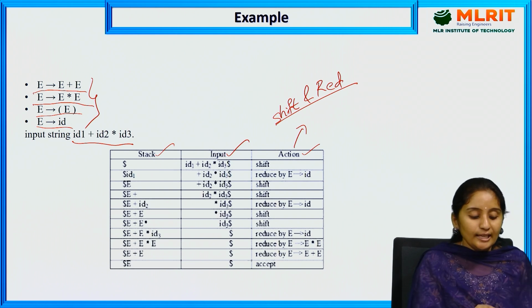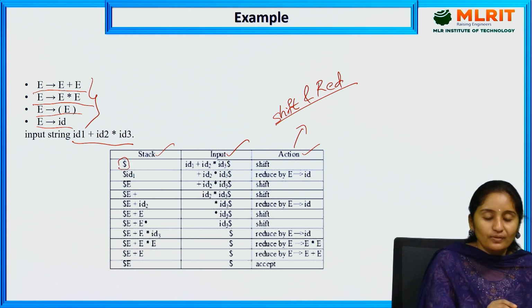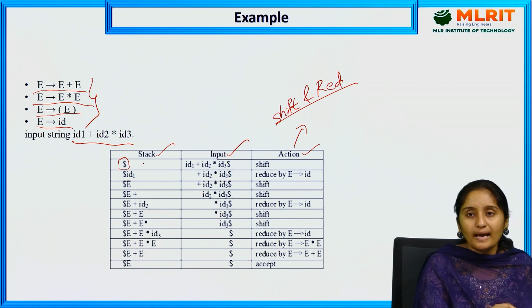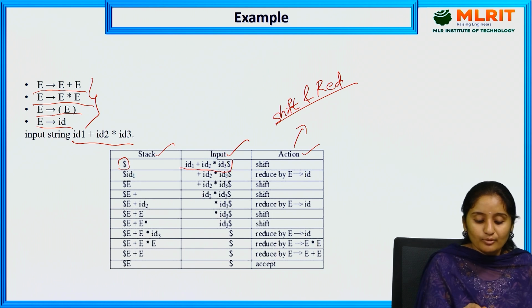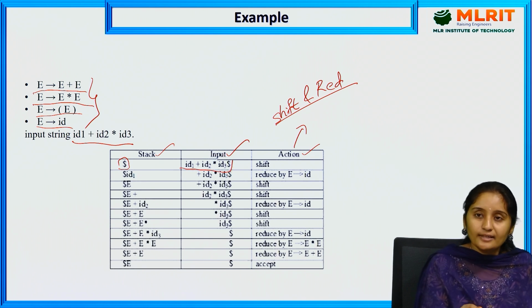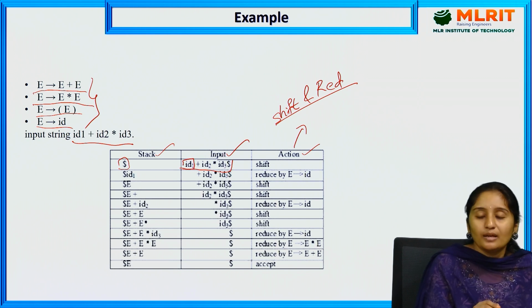Initially the stack is empty, so we are going to place $ on the stack. The input string should end with $. This is the input string I have copied here, and it is ending with $. What is the first symbol present in my input?